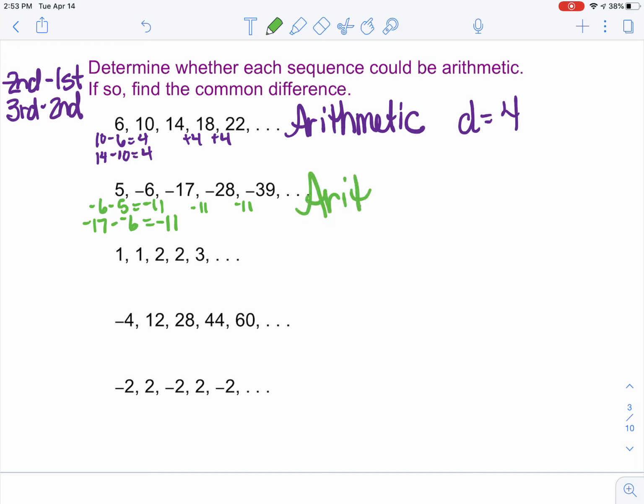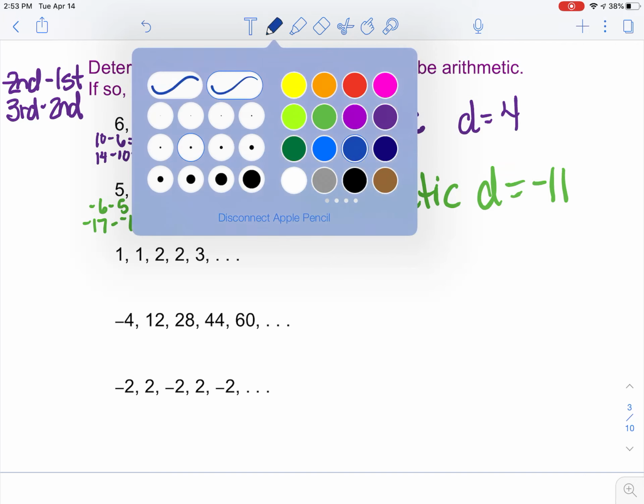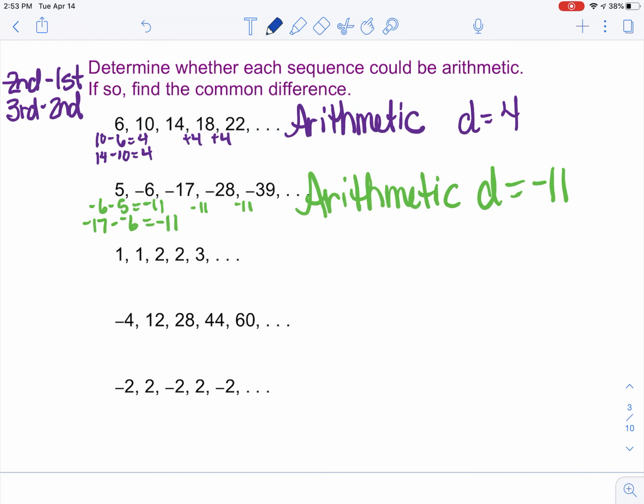It is all the way down that sequence, so this is also arithmetic, with my common difference being negative 11. Okay, on this one, if I take 1 minus 1, I get 0. 2 minus 1, I get 1. These are not the same. So this is not arithmetic.